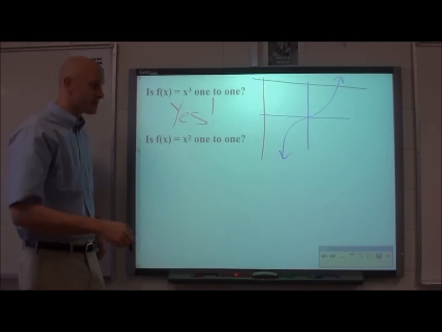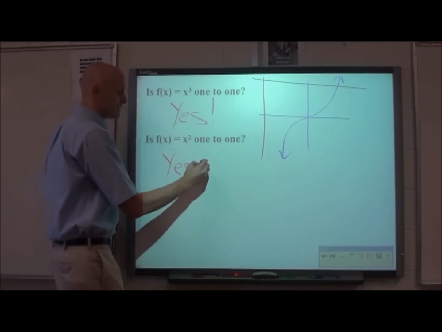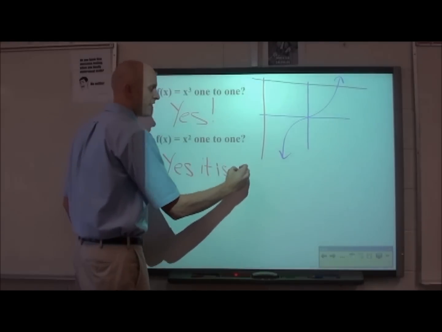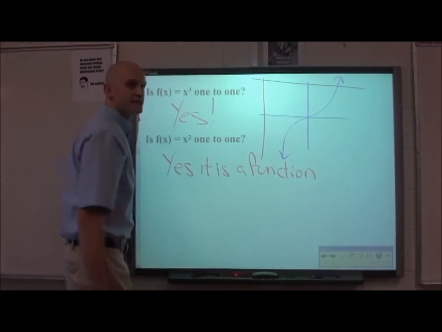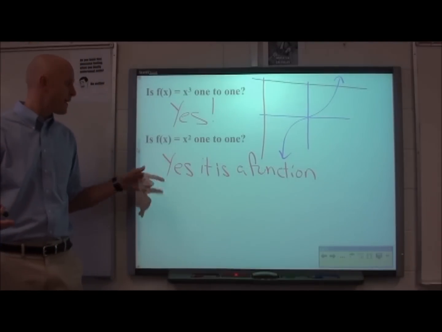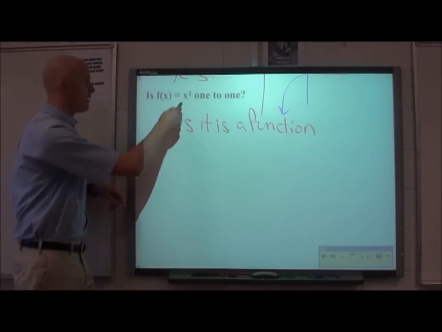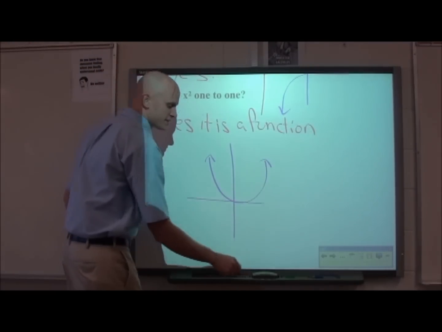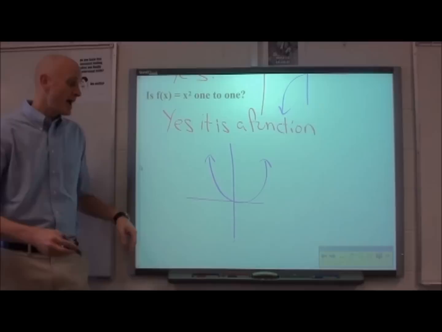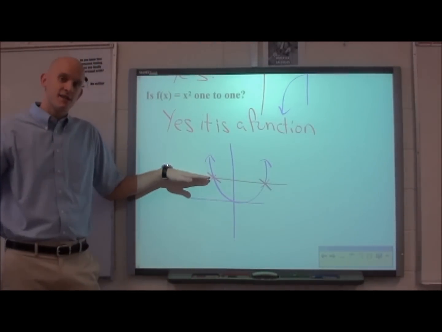Check out x squared. First, is it a function? Yes, it is a function. Now, is it a one-to-one function? It would have to pass the horizontal line test. Well, if we think about x squared, we know that that is a parabola looking something like this. Does it pass the horizontal line test? No, because it intersects in two places.